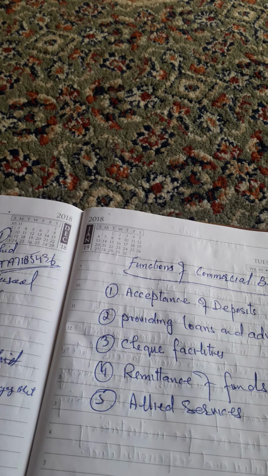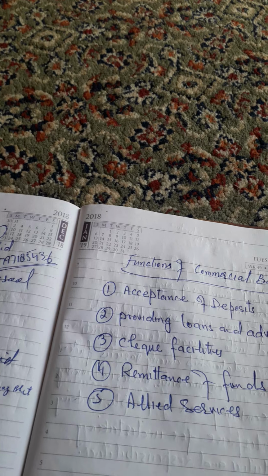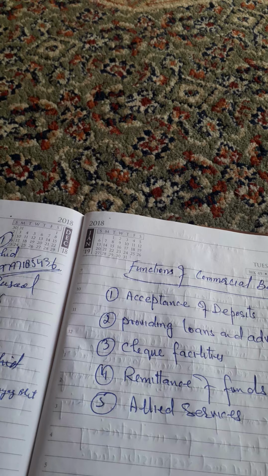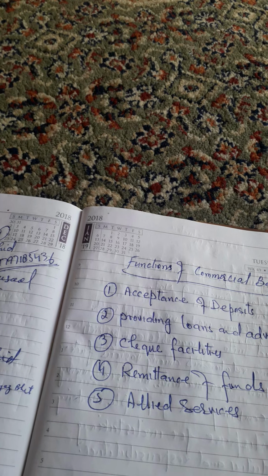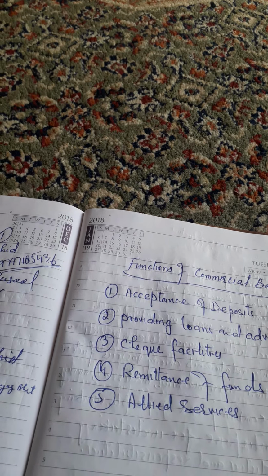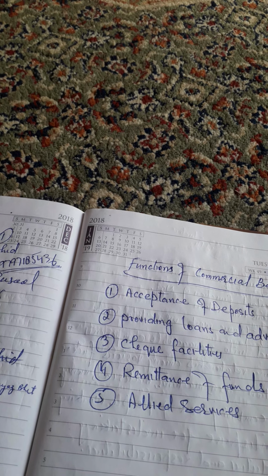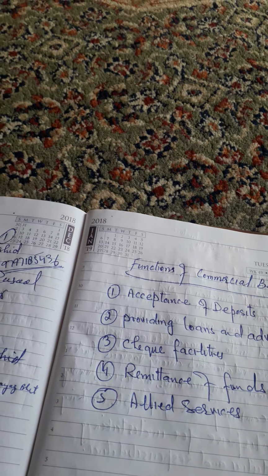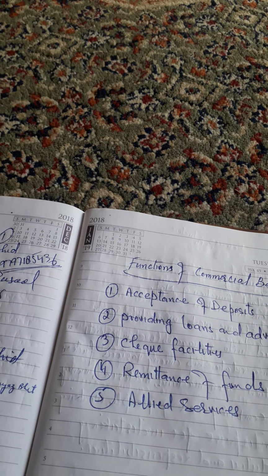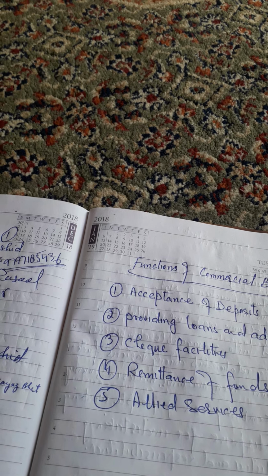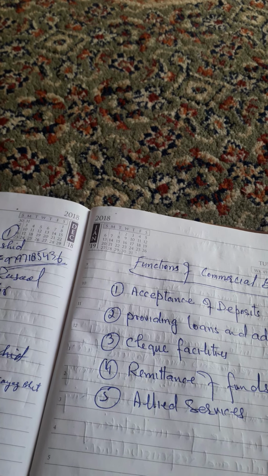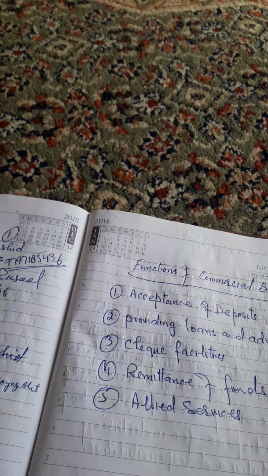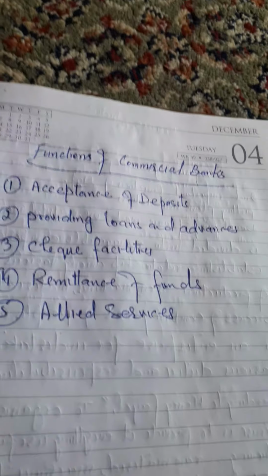Loans are provided in different forms through overdraft, cash credit, discounting trade bills, consumer credits. This is a very important function of the commercial banks. The businessmen get loans and advances from banks in order to carry on their business.